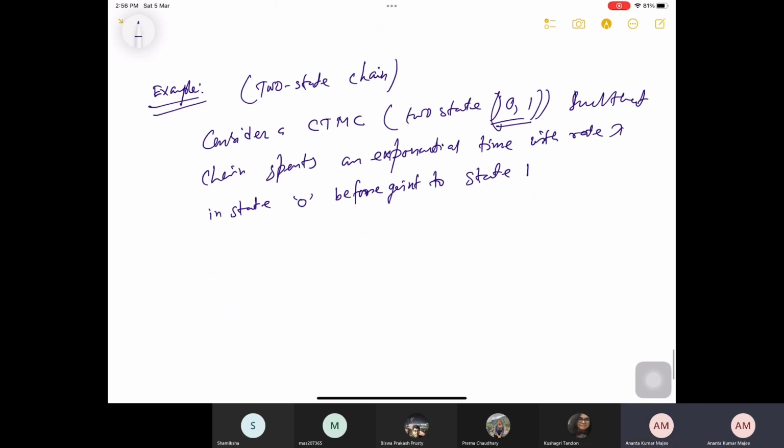Okay, so basically you have two states, 0 and 1.